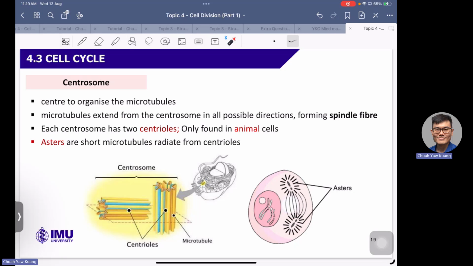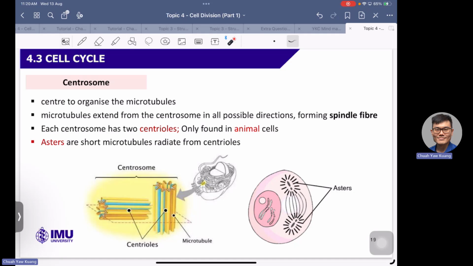So during the prophase and metaphase, the centrosomes will move to different poles, and in the end they pull the chromosomes to different poles. That is the centrosome. They can form so many spindle fibers. The long ones go and bind to the chromosome, and those spindle fibers also cause the elongation of the cell.